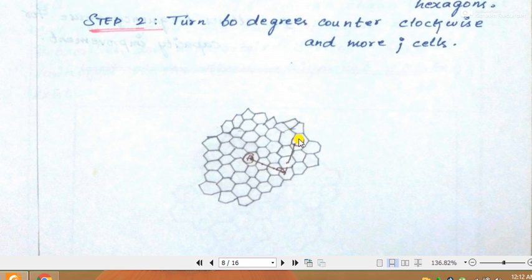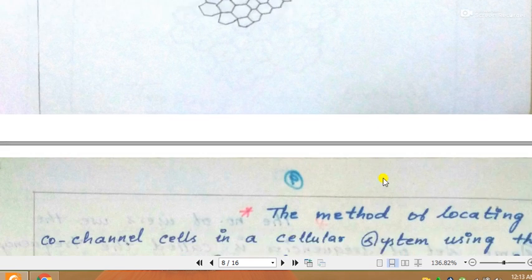So j equals 2 means this is where the same frequency is allocated. The 1 to 10 gigahertz channel is allocated for channel A, and the same frequency is allocated here. Like that, if I choose this adjacent cell, i equals 3: 1, 2, 3, take 60 degrees and choose the next cell, j equals 2: 1, 2, so this is the next co-channel cell. Like that, I can move across all the cells. This is the rule for determining the frequency reuse pattern.